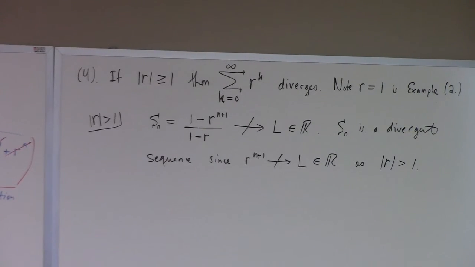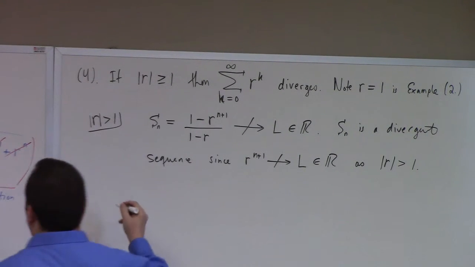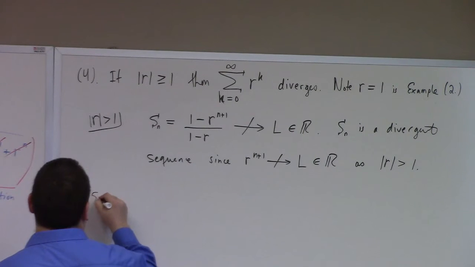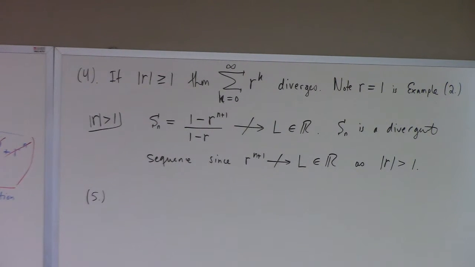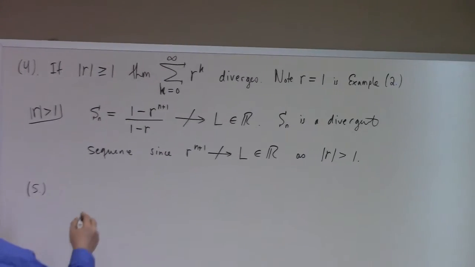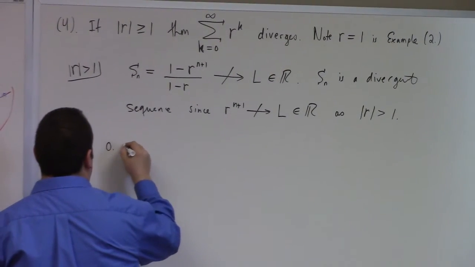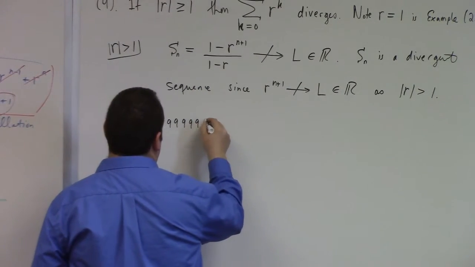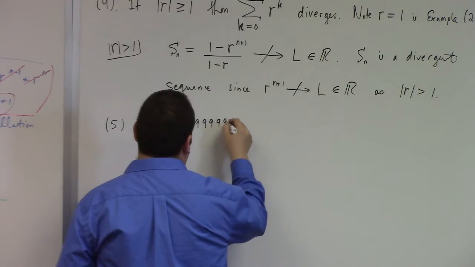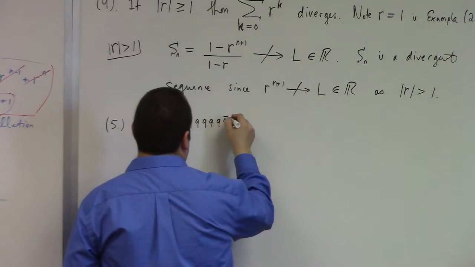Let me apply this to something. How about a decimal number? You realize you've been using series all along? Whether anybody told you you were or not, you were. For example, 0.99999999999, you get the idea, repeating.